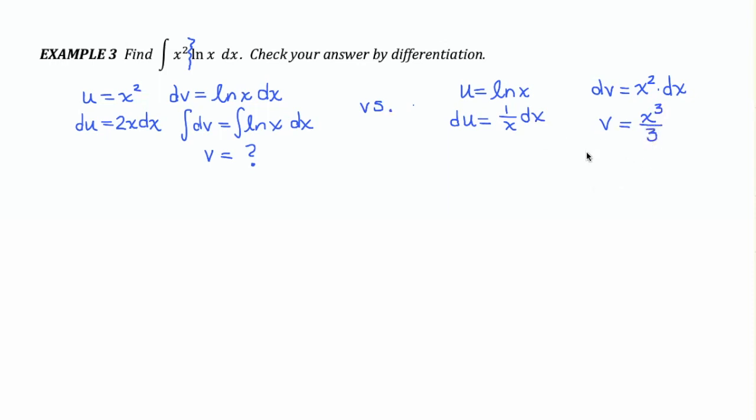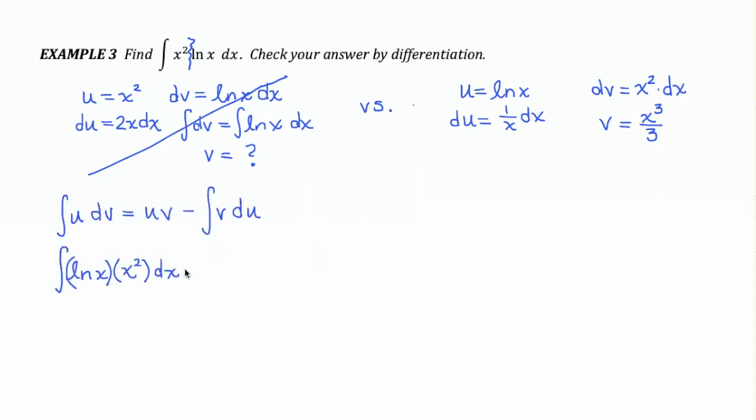So I made it through the setup, so this seems more promising. So for the time being, I'm going to ignore my first thought, and I'm now going to go to the formula and see if my integral that gets created by the formula is going to allow me to continue. So on the left-hand side, when I substitute u and dv, I get my original integral back, but in a different order.